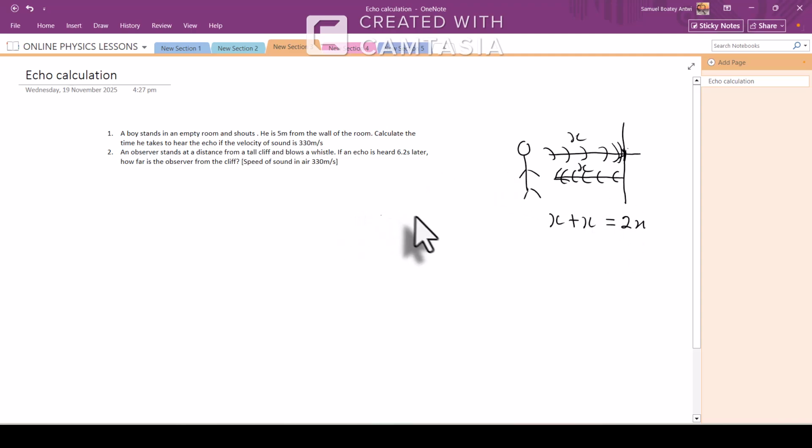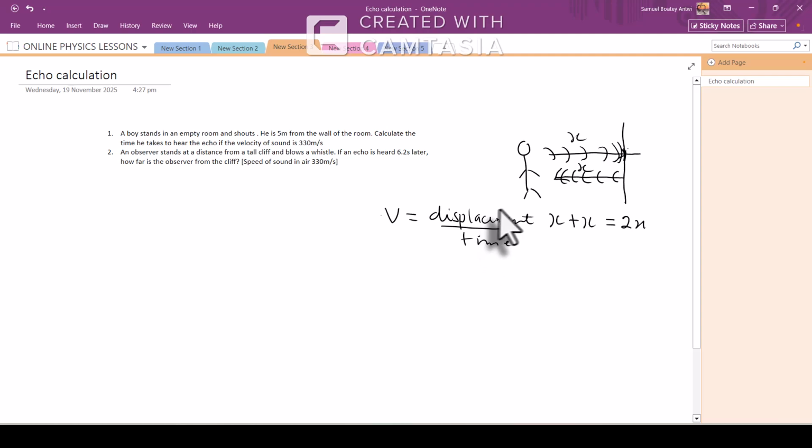We know from motion that velocity is equal to displacement or distance over the time it took for the displacement to take place.